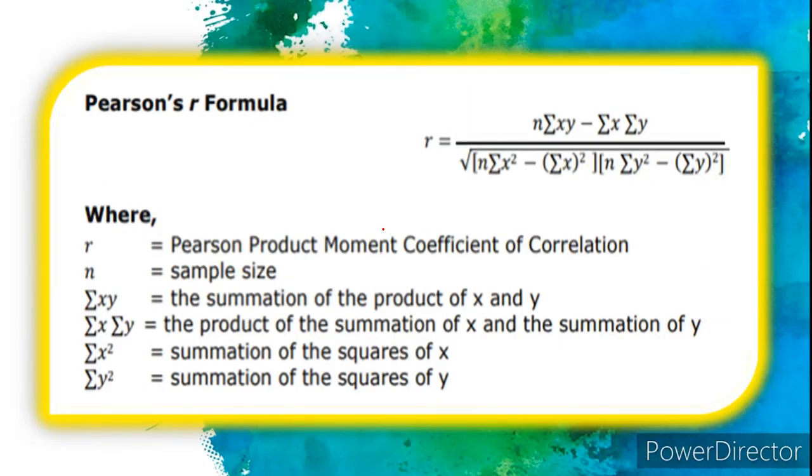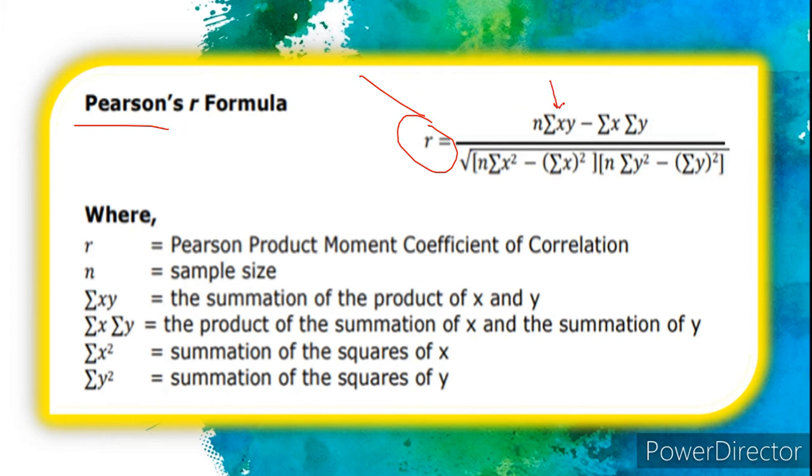And this is the formula. Here, R is denoted by PCC. R is equivalent to n, the number or the sample size, depende yan sa ibibigay doon sa table or problem.